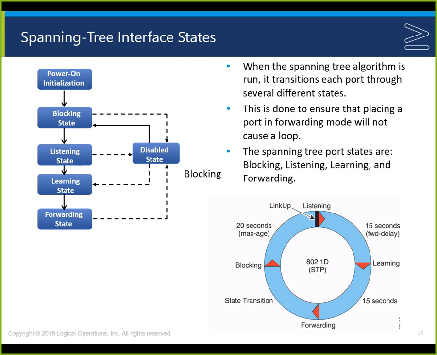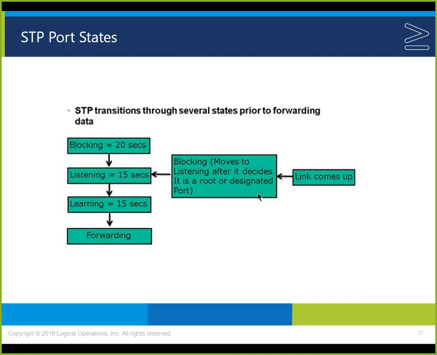Listening is listening for topology changes. It's exchanging BPDUs. The learning state is learning the MAC addresses of the devices. And then in forwarding state, obviously, it's going to be forwarding information. And we'll see if I line to another one here, spanning tree, blocking 20 seconds, listening 15, and then forwarding.